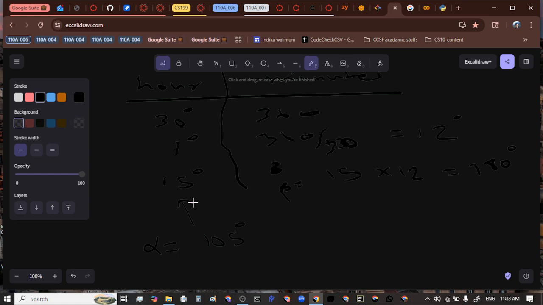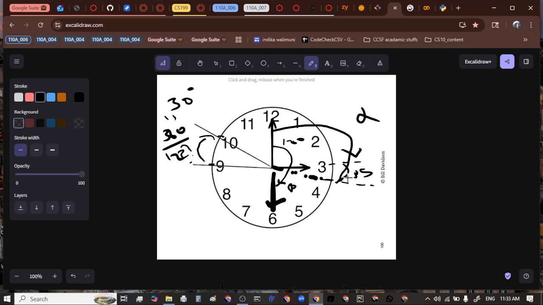So basically, you are given alpha, and you need to find this angle. This is the current hour, here's the next hour, and we know that this whole angle is 30. So we need to find this angle. How do we mathematically find it?